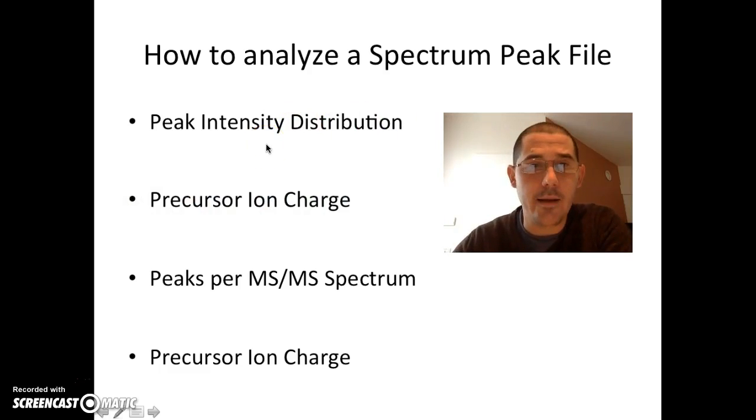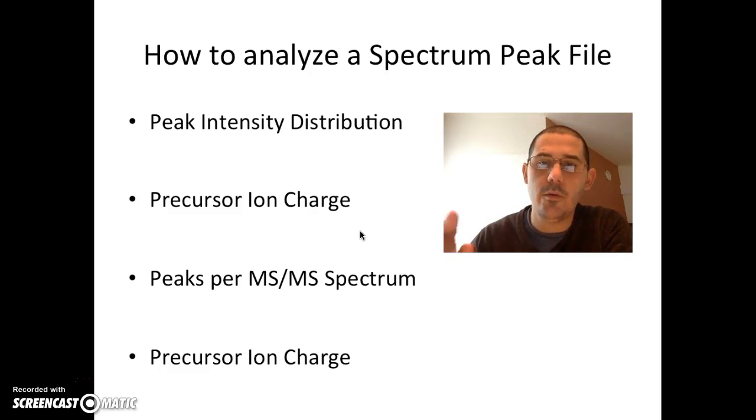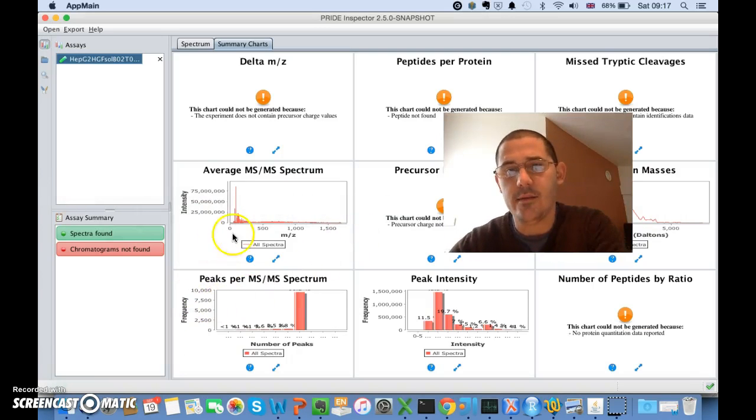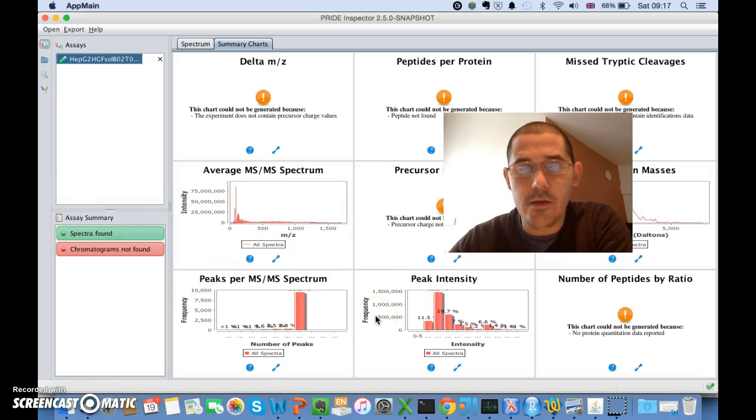Especially we can provide a peak distribution, how many peaks per spectrum the file contains, also the precursor ion distribution, how many peaks per MS spectrum on average are in the file, and the precursor ion charge distribution. These are quite nice, and all of them depend on whether the information is provided. The charts that are empty are because the information is not provided.